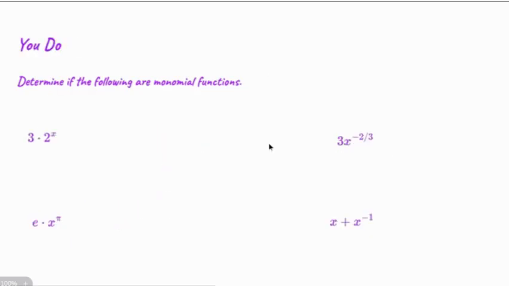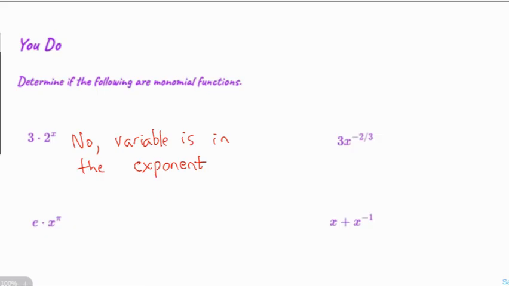All right, so monomial functions, give these a shot. So 3 times 2 to the x, no. The variable is in the exponent. This one down here, yes, it is a monomial.